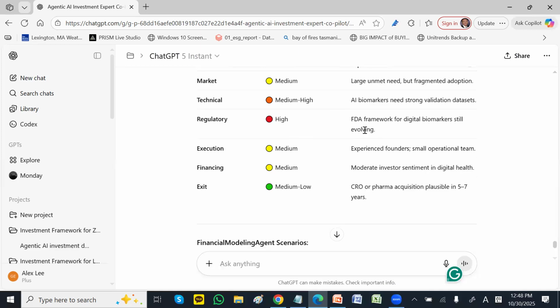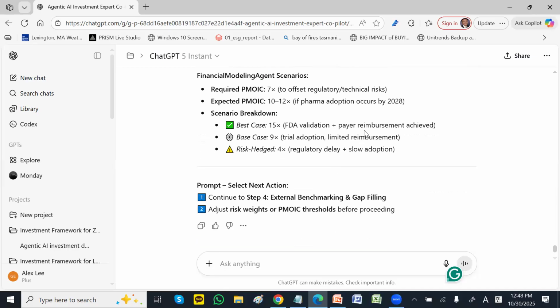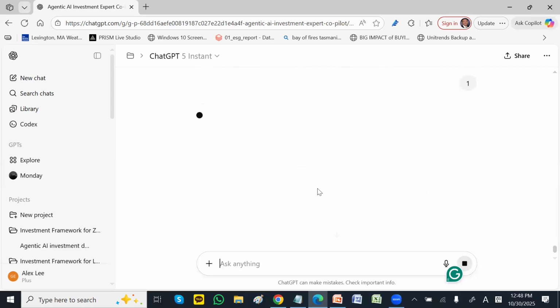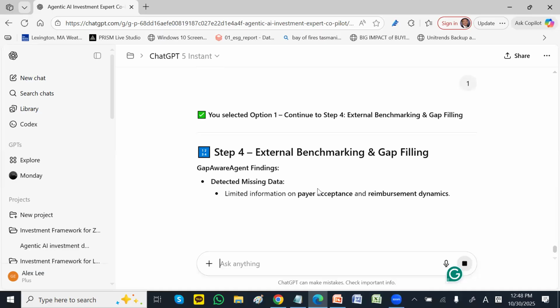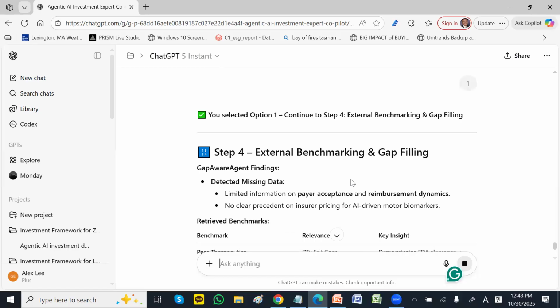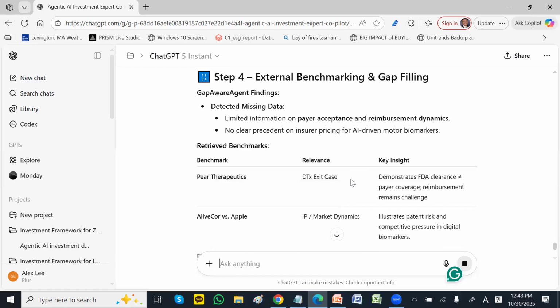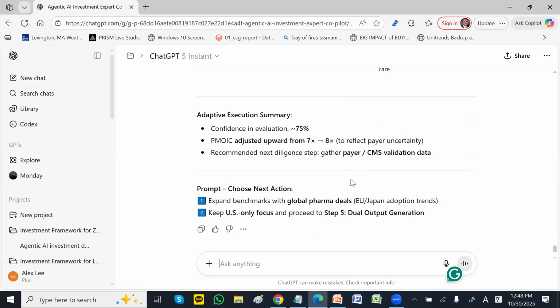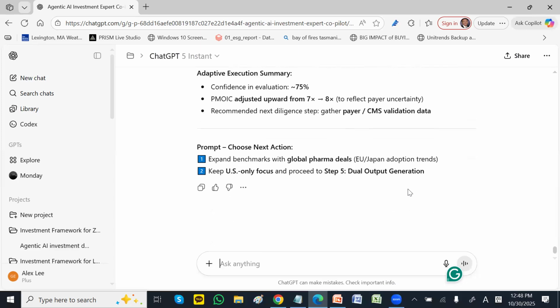It provides all the explanation of how it decides, based on the scheme, and then continues on external benchmarking and gap filling to find out if there is a gap in the information. I mentioned it tries to search and find relevant information on that.